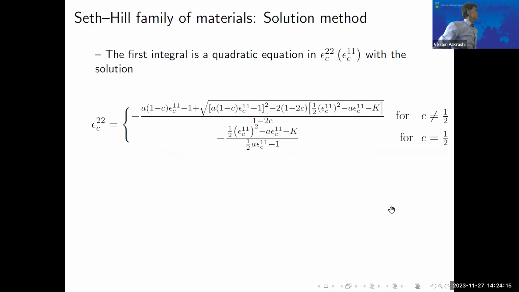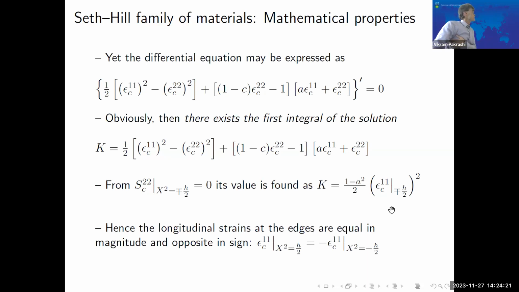Now, so the first important thing that I wanted to make is that there exists a first integral of equilibrium. The second important thing that I'm making now is that this first integral of equilibrium is an expression in which the longitudinal and through-the-thickness strains take place in a way which is at most a quadratic equation, either in one or in the other.